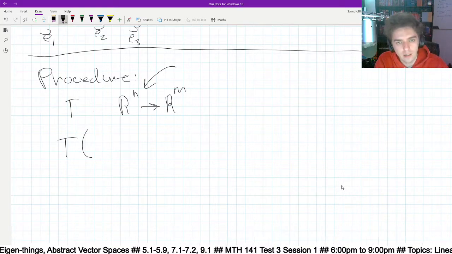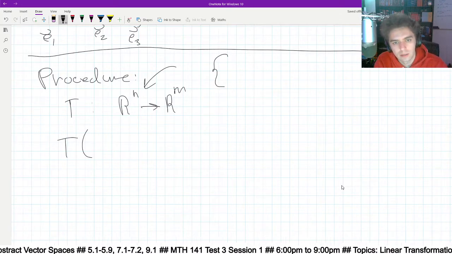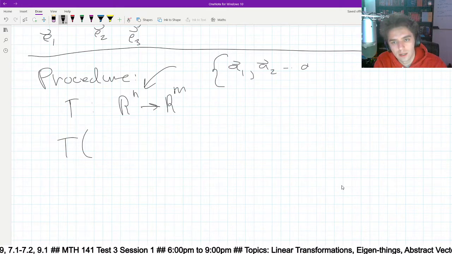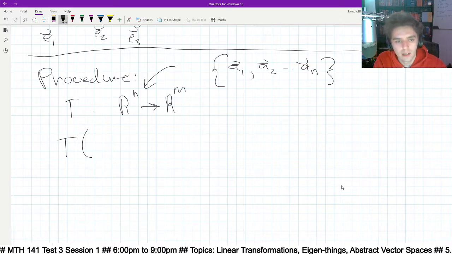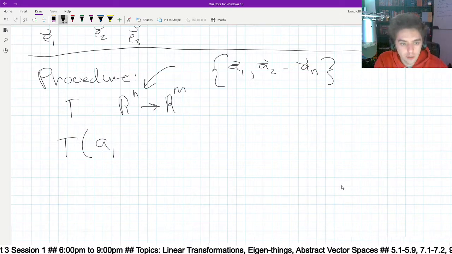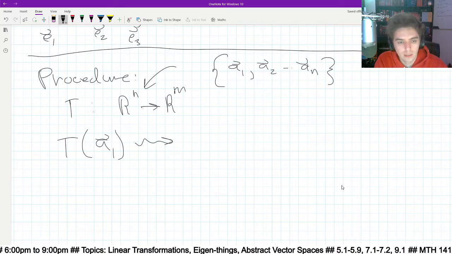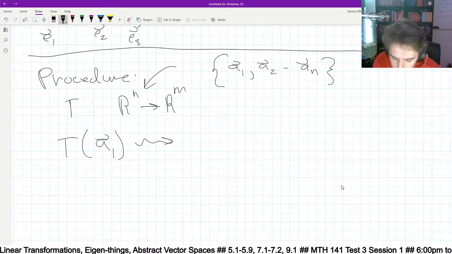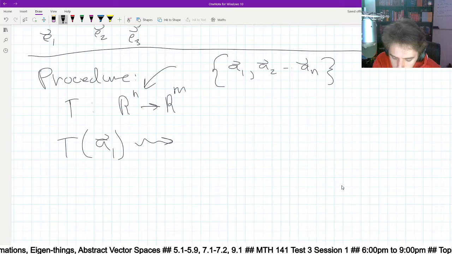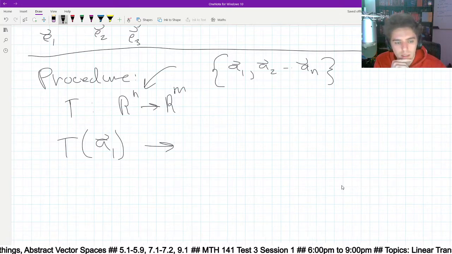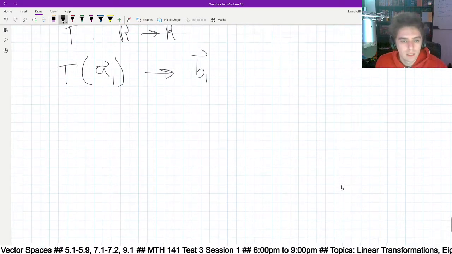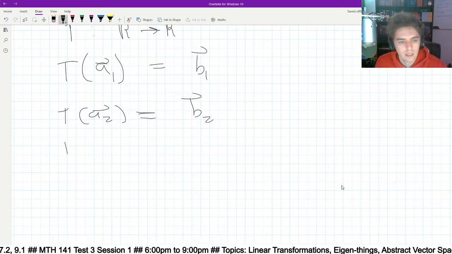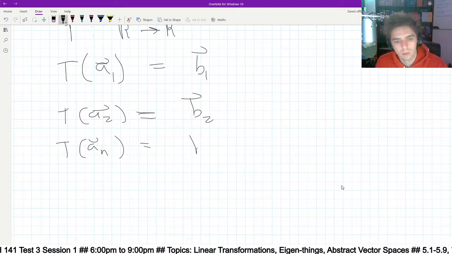So if we have a basis for Rn, call that this set, A1, A2, dot dot dot, An, all the basis vectors for Rn, and I know what each of those transformed basis vectors are: T of A1 is equal to B1, T of A2 is equal to B2, and T of An is equal to Bn.